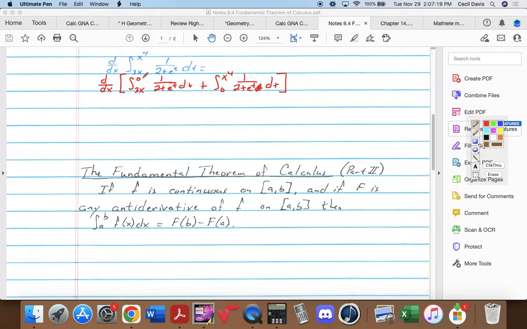Notice we wanted the constant to be on bottom. I can do that. This will be the derivative with respect to x of the opposite of the integral from 0 to 3x of 1 over 2 plus e to the t dt plus the integral from 0 to x to the fourth of 1 over 2 plus e to the t dt.